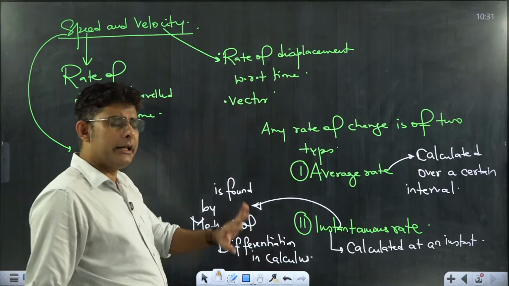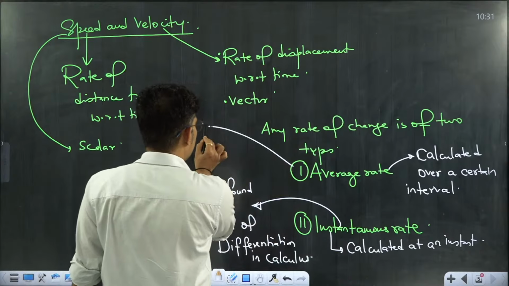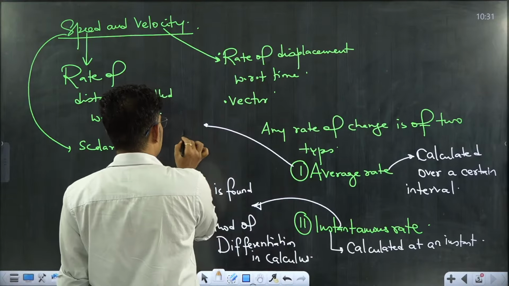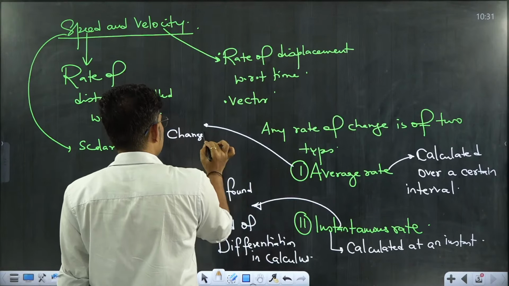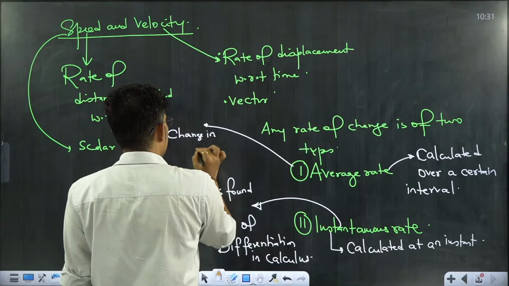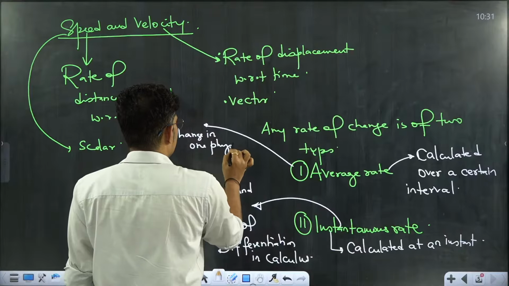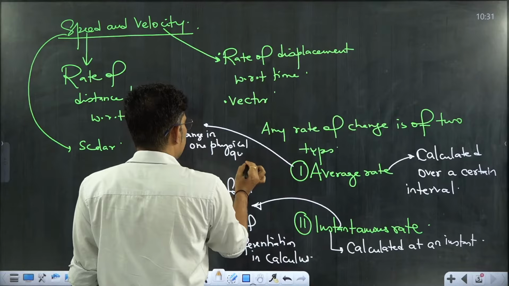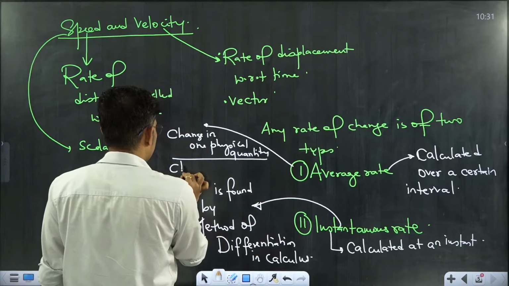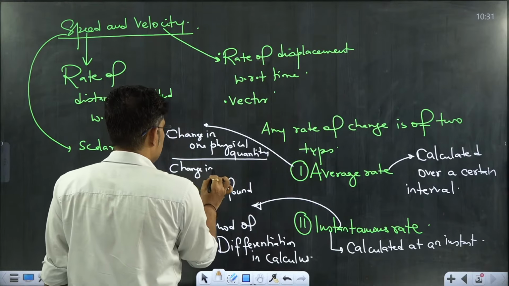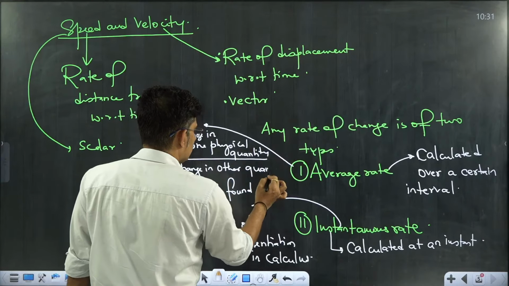Average rate is directly found simply as the change in one physical quantity divided by the change in the other quantity.